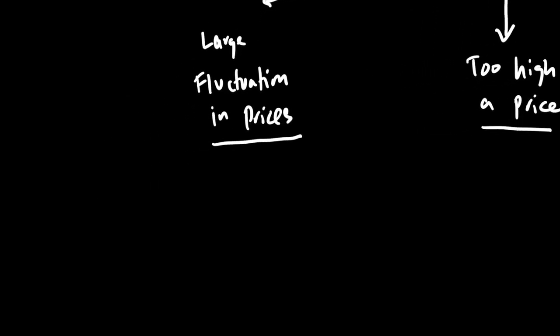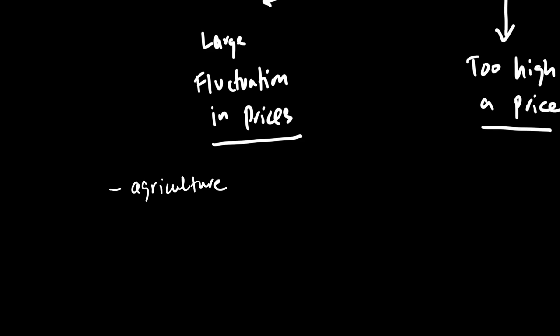So there can be a large fluctuation in prices, and that happens a lot in the agriculture market. When you look at the agriculture market, there are a lot of issues in terms of supply.